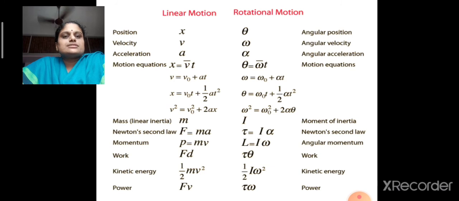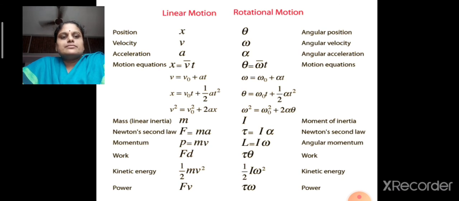Equations of motion: v equivalent to v0 plus at, analogous equation is omega is equivalent to omega 0 plus alpha t. x is equivalent to v0 t plus half at square, analogous equation is theta is equivalent to omega 0 t plus half alpha t square. v square is equivalent to v0 square plus 2ax, analogous equation is omega square is equivalent to omega 0 square plus 2 alpha theta.